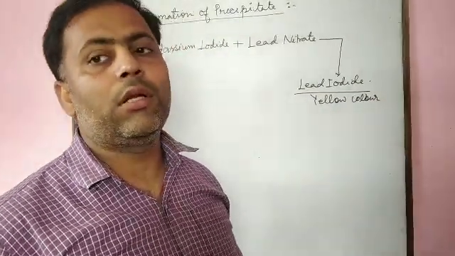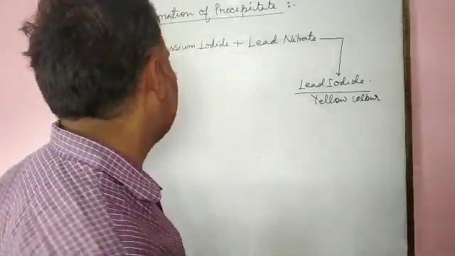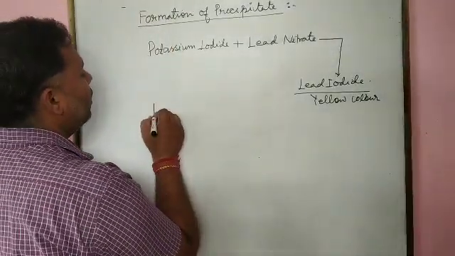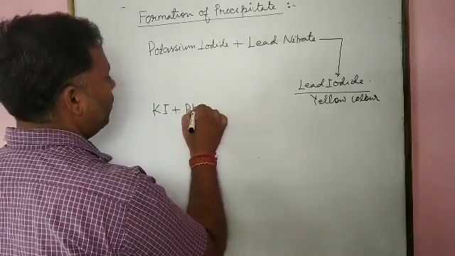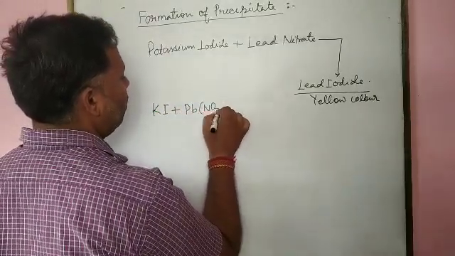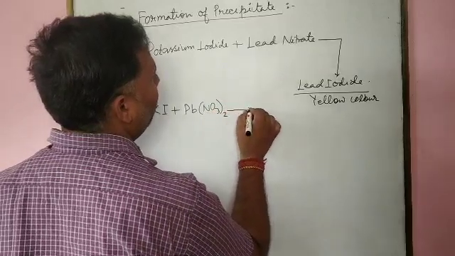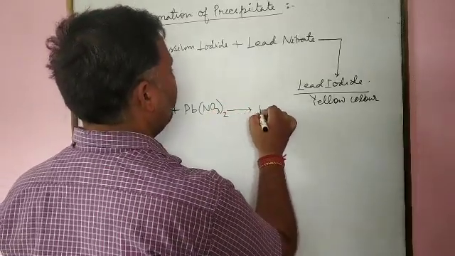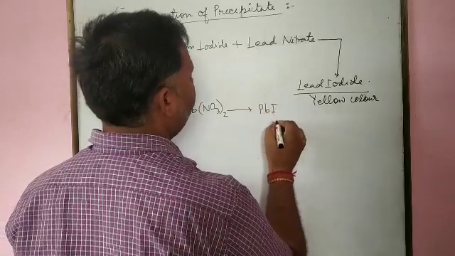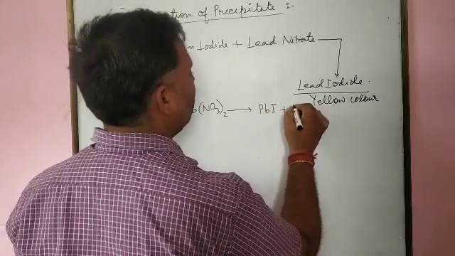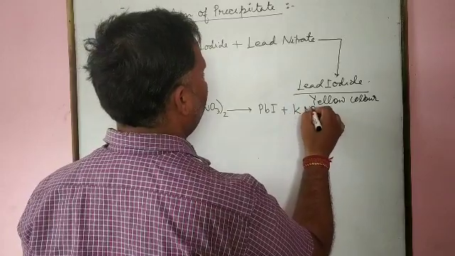Let us represent it in the form of a chemical reaction. When potassium iodide, KI, reacts with Pb(NO3)2, then it forms PbI2 plus KNO3.